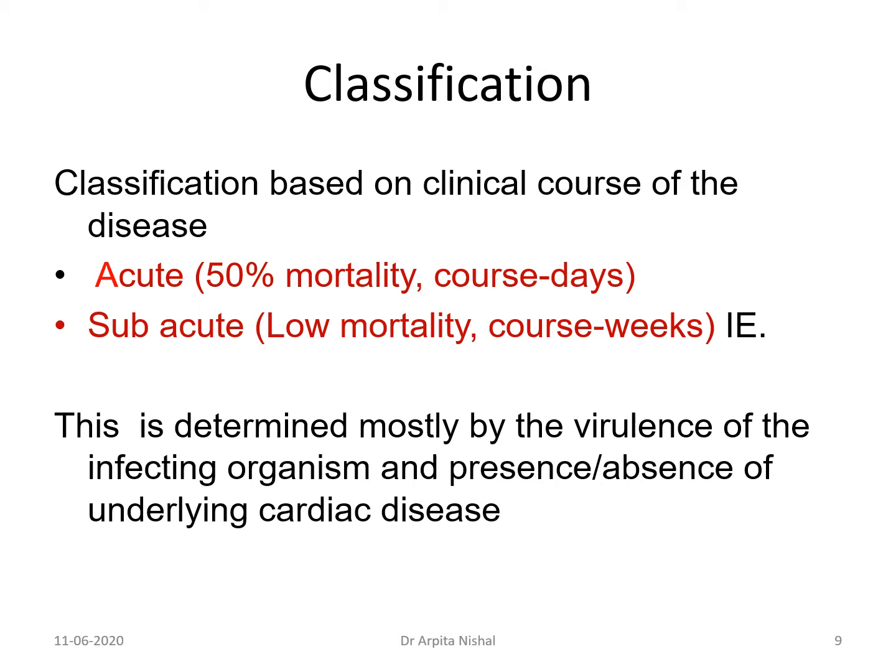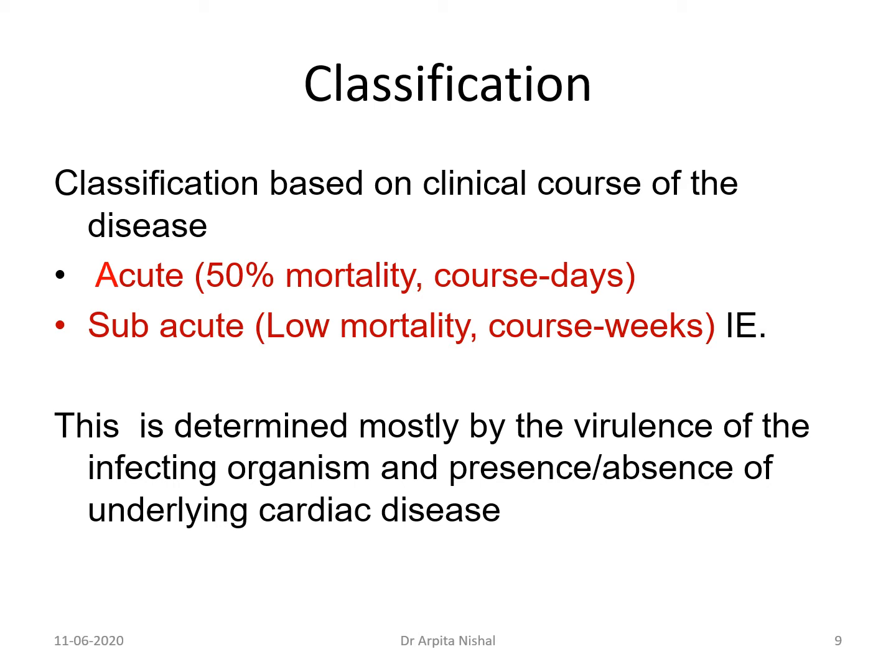Acute infective endocarditis is very severe, with more than 50% mortality, and the disease runs a very short course, in days. Subacute infective endocarditis is of longer duration with low mortality. The course is in weeks or months.